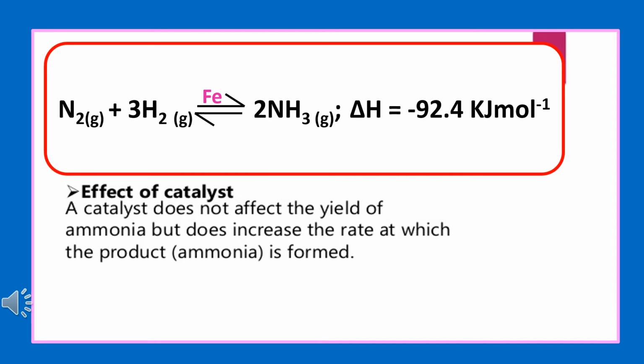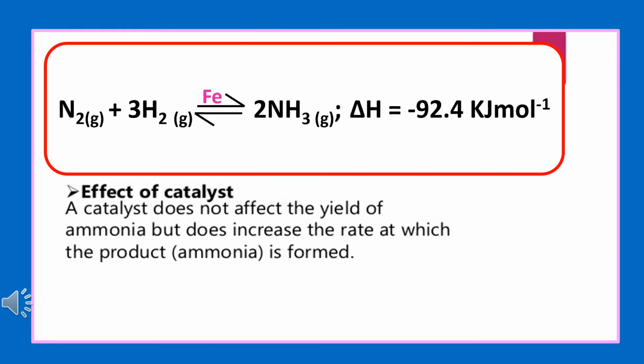In Haber's process, finely divided iron is used as a catalyst. To increase the activity of the catalyst, we add molybdenum as a promoter. This promoter will increase the activity of the catalyst. That is the role of finely divided iron in the Haber's process, which increases the rate of production of ammonia.